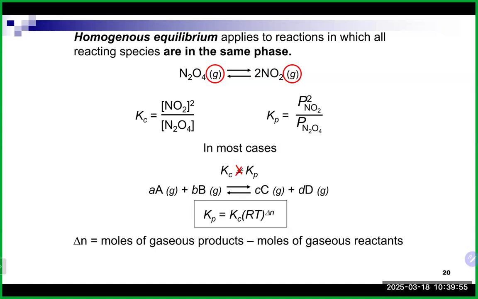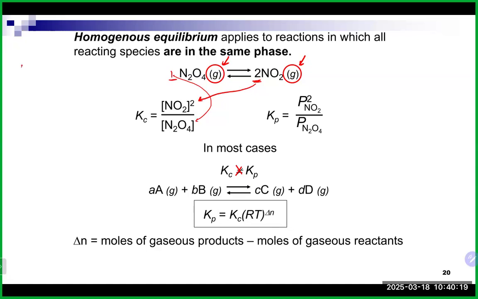In this case, everybody here is in the gas phase. And we can write our equilibrium expression here, which is the concentration of NO2, and again, we square it because of the coefficient, divided by the concentration of N2O4. The coefficient here is 1. Obviously, we don't usually put 1s in there for chemistry.